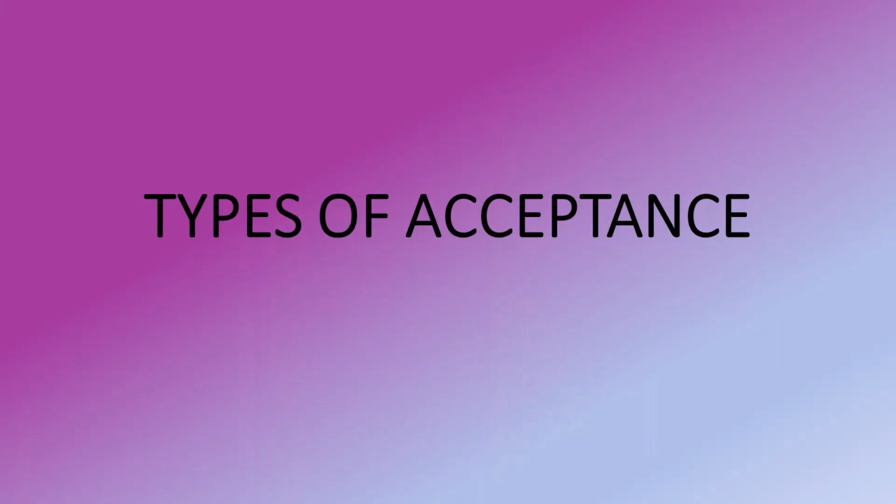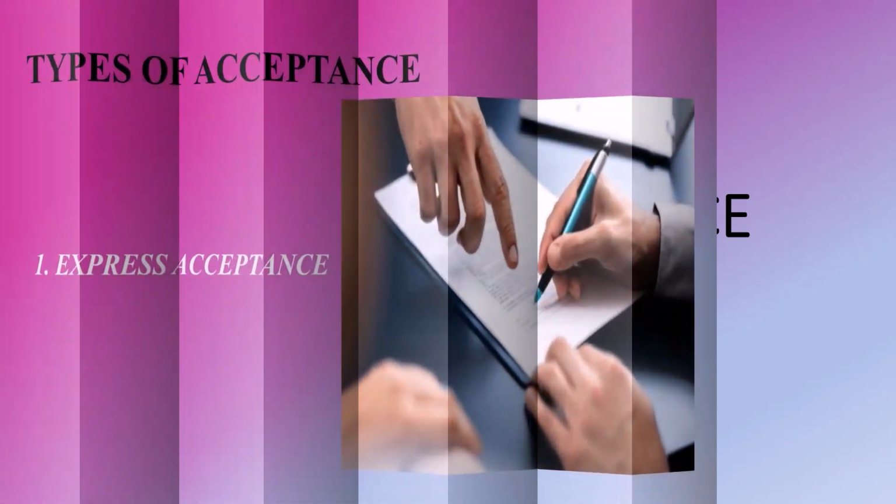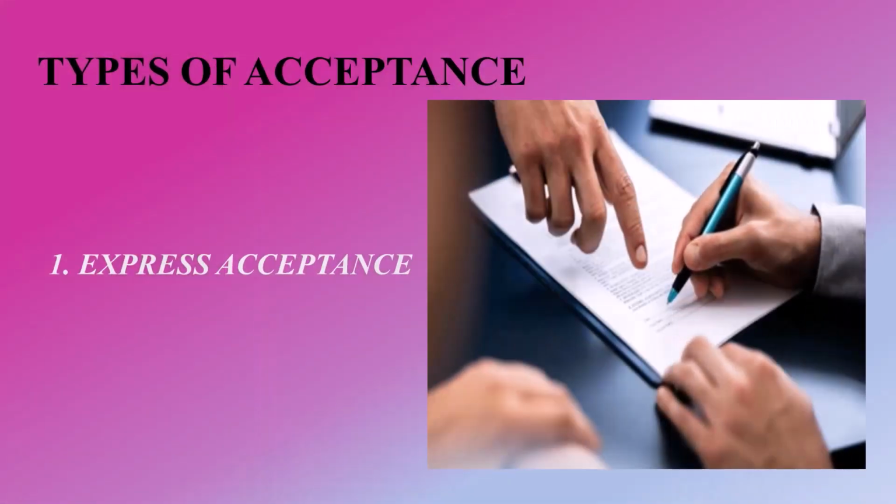Now let's dive into the next topic, the types of acceptance. Acceptance can take several forms depending on how it is communicated or inferred. Let's discuss it one by one. Here comes the first one, the express acceptance.